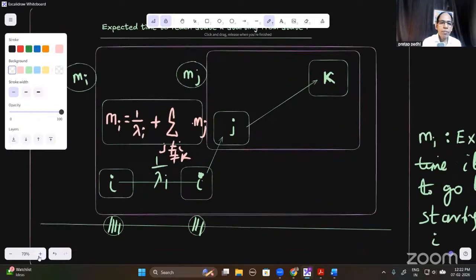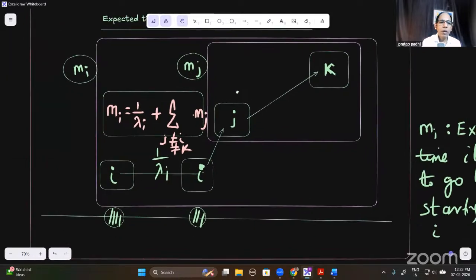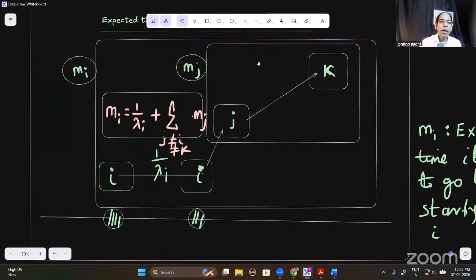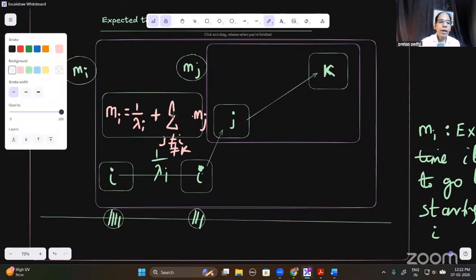Now this is so important. In terms of the exam, this will be mu ij divided by lambda I. I explained that these are the Pij's.